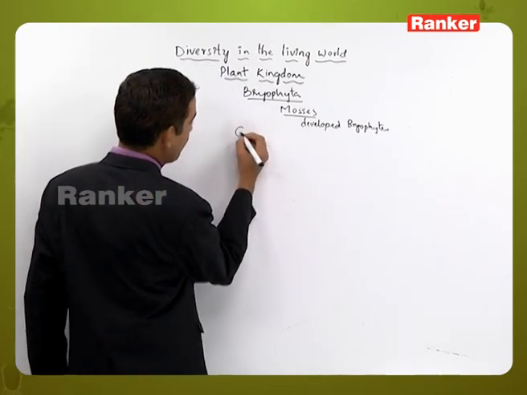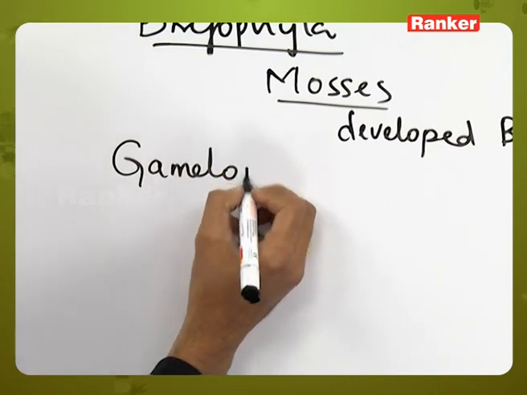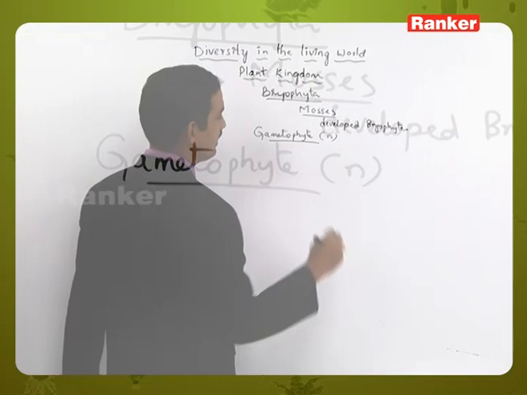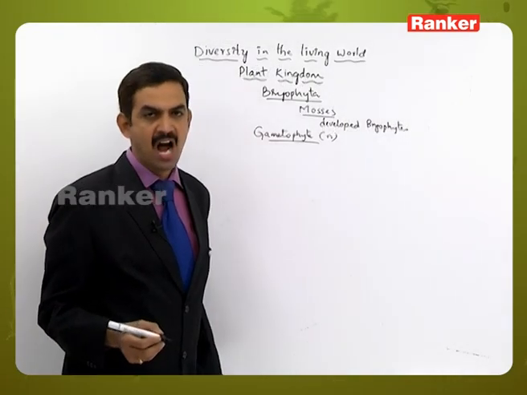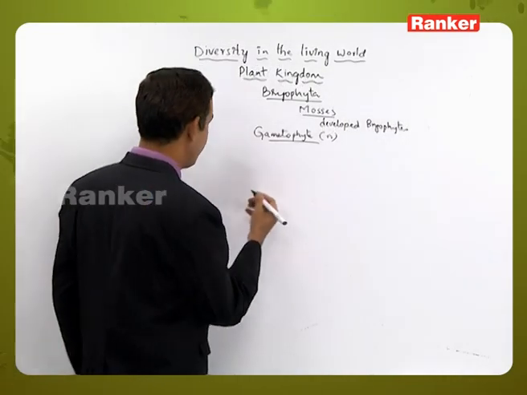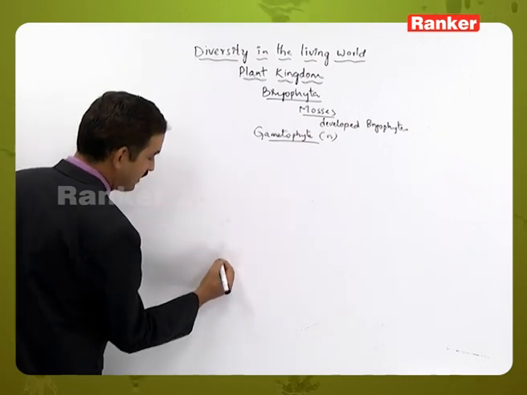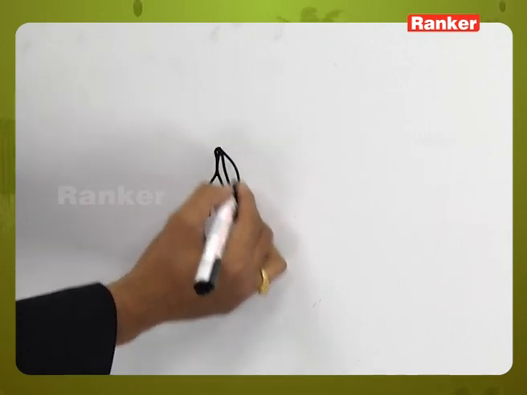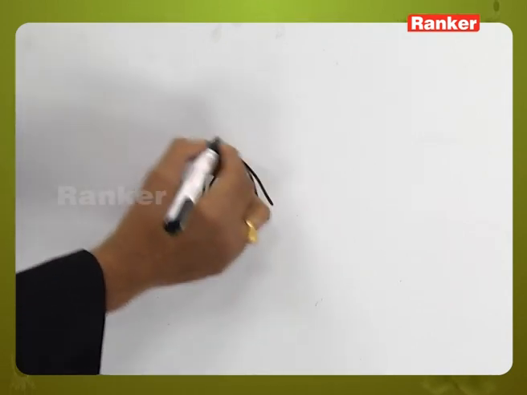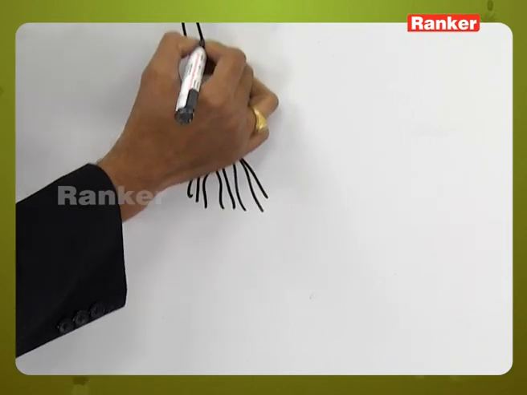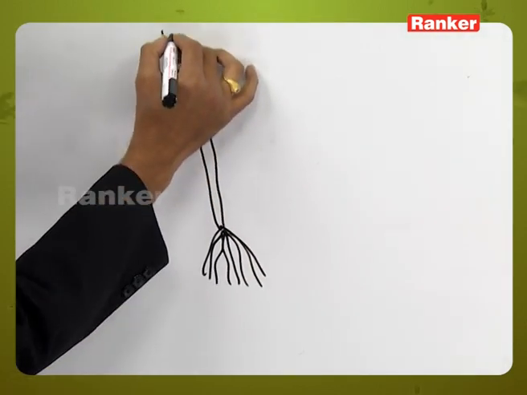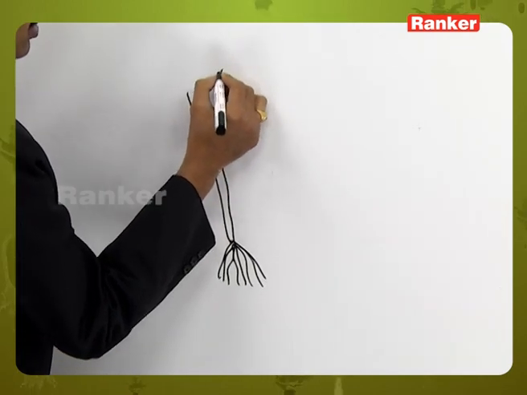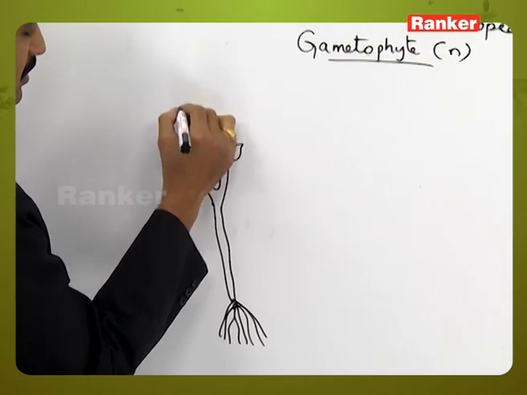So, if you see the gametophytic generation, it is haploid, independent, green, photosynthetic, autotrophic in its nature, which has the organization like this with root-like structures called rhizoids, and the cauloid structure which has branch-like organization also, and on that we can see the development of leaf-like structures.